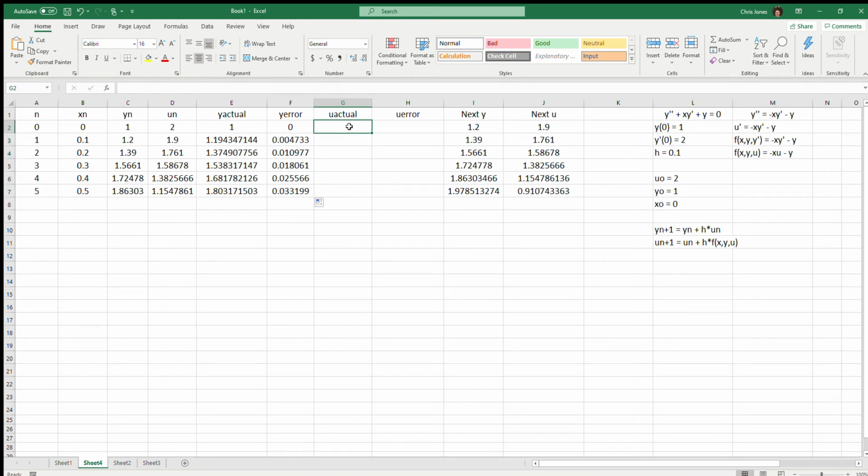Now let's program the u actual, and that's where we found the derivative of the series. So let's just go ahead and do that first.